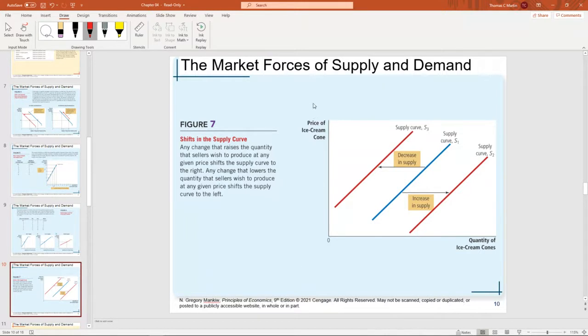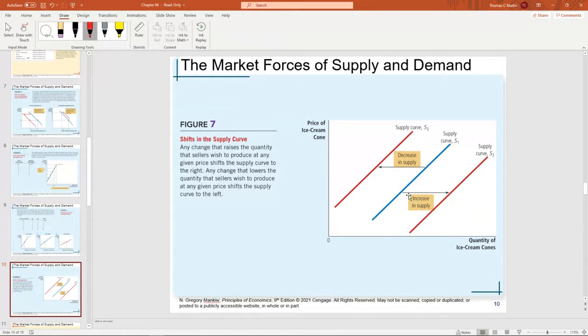We can see in figure 7 the shifts in the supply curve. They don't tell us what makes it shift, they just tell us it shifts. So just like we saw on the demand curve, decreases to the left, increases to the right. And just like with the demand curve, if there's an increase in demand, the quantity will increase.